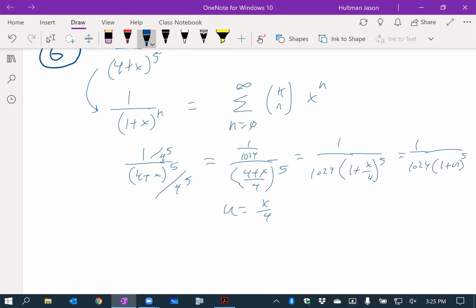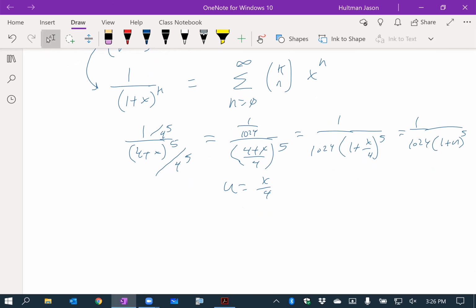So now, given that, we can say this is equal to the sum as n equals 0 to infinity of 5 choose n, x to the nth.